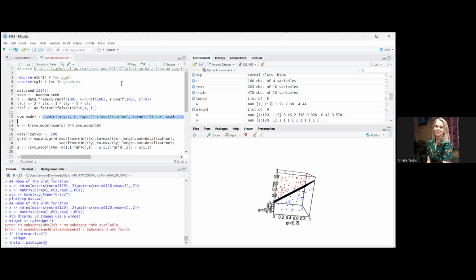So that's just a nice visualization I thought I could share with you before looking at how to apply SVMs.